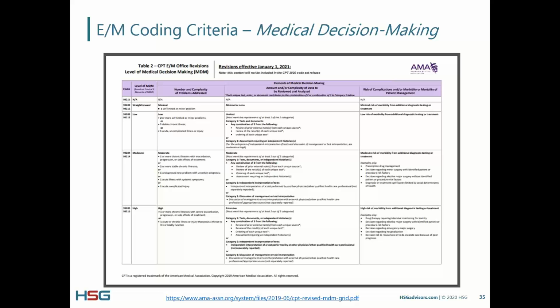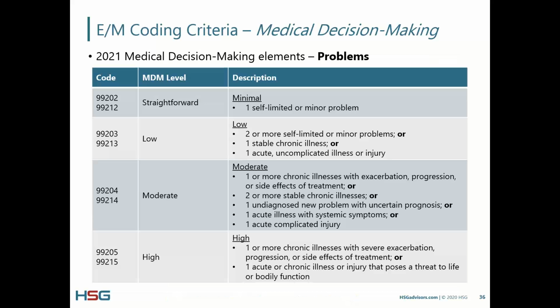So if we go down each of these and break them out by areas, problems, data, and risk, they start to look like this. When we're looking at the problem area, you notice the codes go down the left, the decision-making level, straightforward, low, moderate, or high, and then the description of what's required.